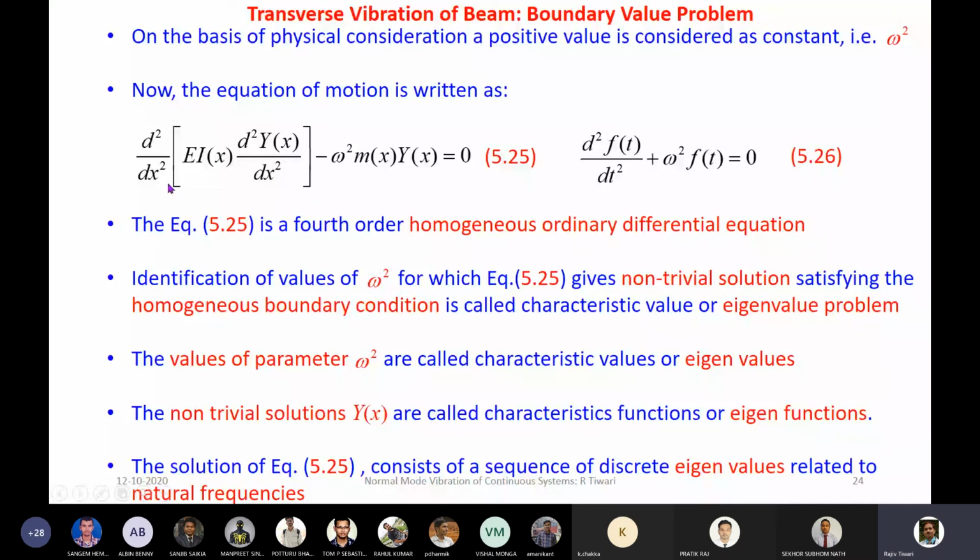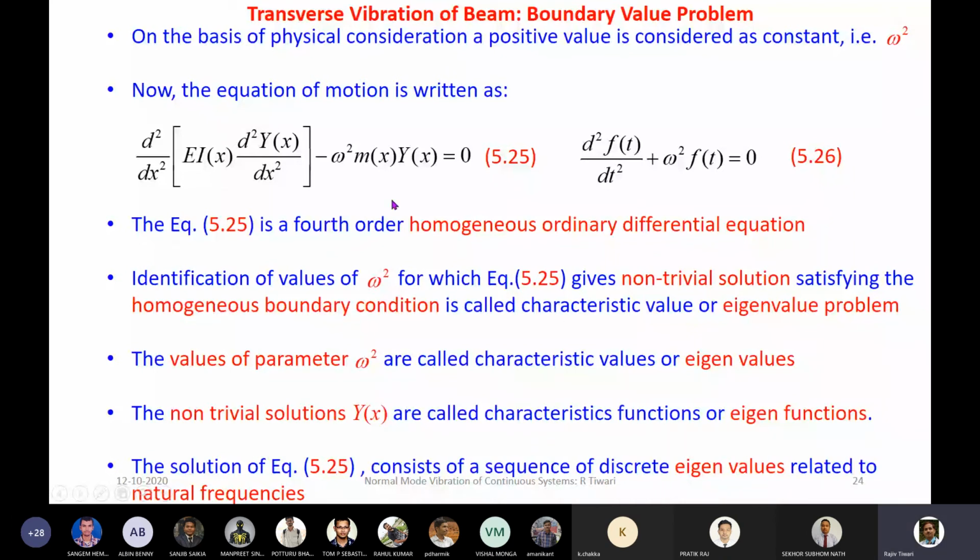So not only the differential equation, but also the homogeneous boundary conditions, because there also we are considering no forcing term. This is the eigenvalue problem, in which we seek the omegas at which we have a solution that satisfies not only the boundary conditions but this differential equation also. And that is an eigenvalue problem.